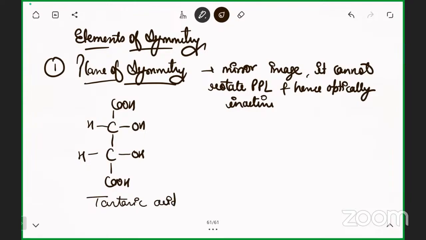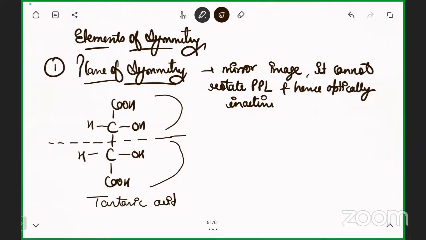So if I put a mirror here, just imagine this is a mirror. If the first part and second part, are they a mirror image of each other? Yes or no? Yes, sir. So if they are a mirror image, it means they are optically inactive here.